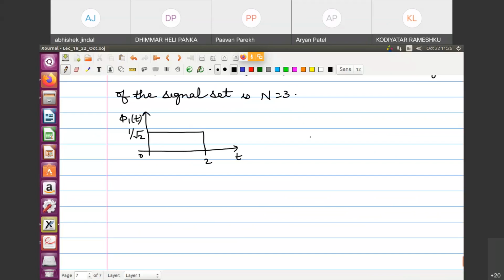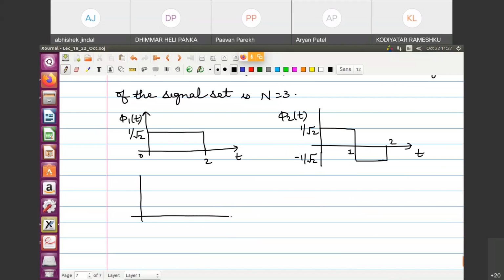Okay, then phi 2(t). And finally you have phi 3(t). This is from 2 to 3.